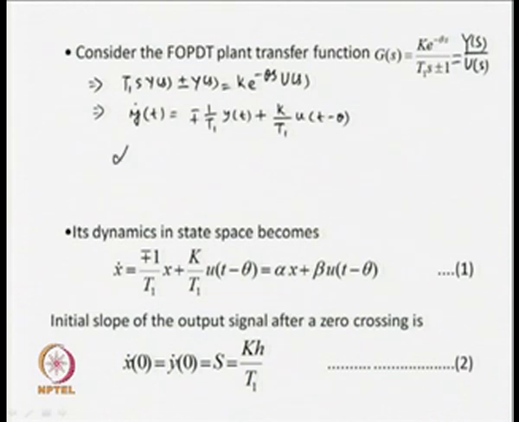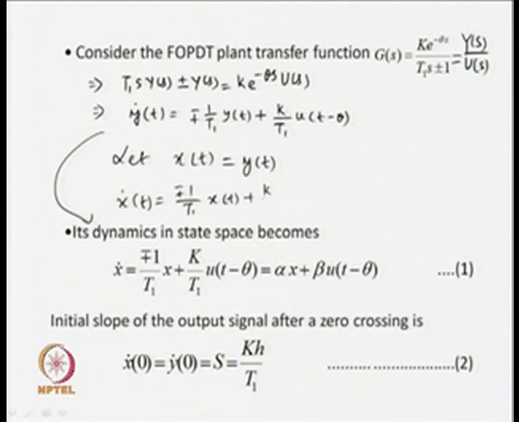When the state variable x(t) is introduced, x(t) is equal to y(t), then the dynamic equation in state space can be written in the form of x dot (t) is equal to minus plus 1 upon T1 x(t) plus K upon T1 u(t minus theta). That is what we have obtained.